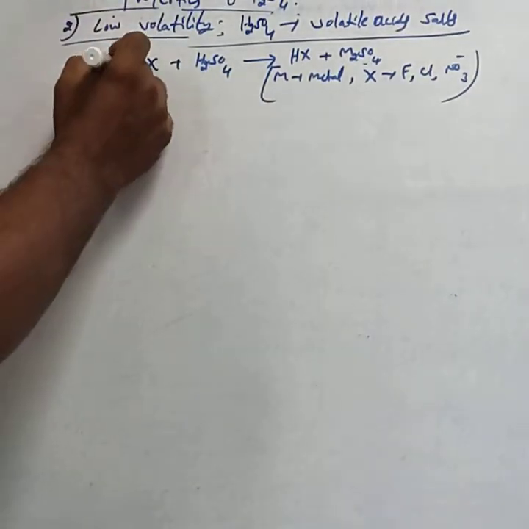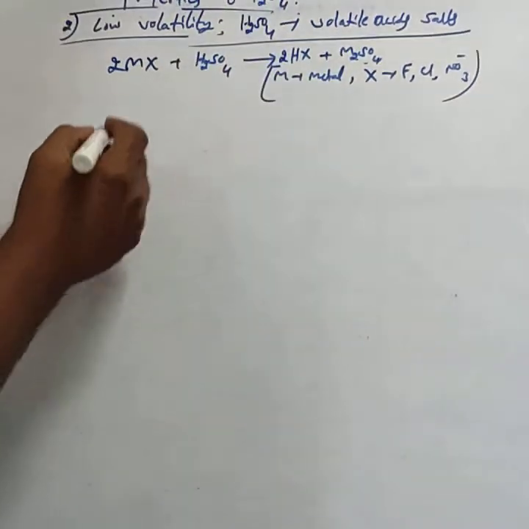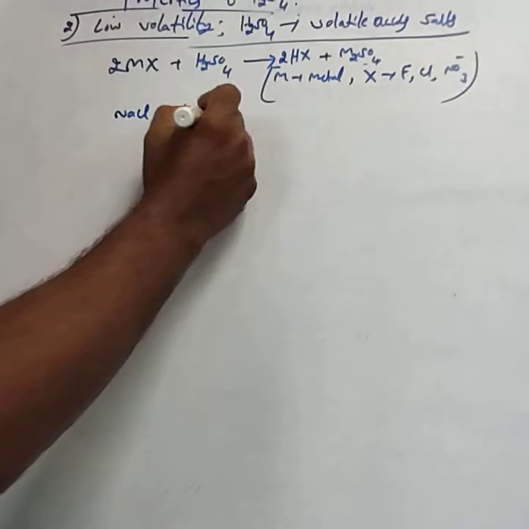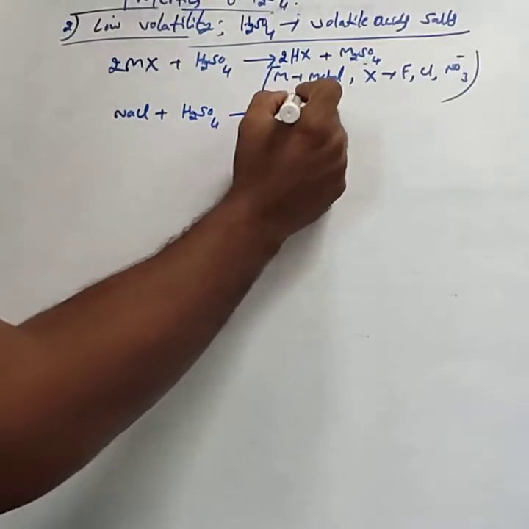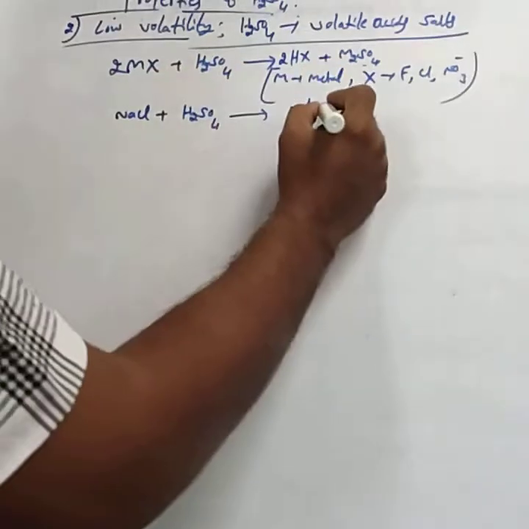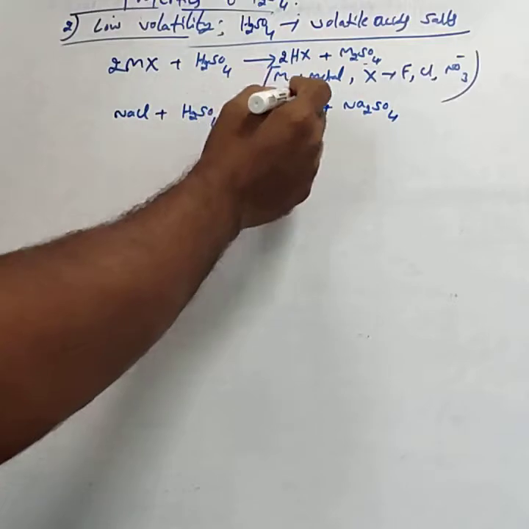To balance, 2MX gives 2HX. For example, consider sodium chloride. Sodium chloride, when treated with sulfuric acid, gives the volatile acid HCl and Na2SO4. HCl is a volatile acid.